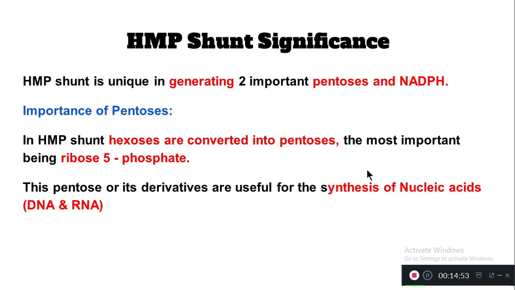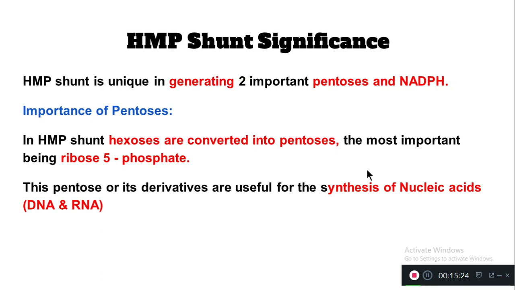Now to summarize, what is the significance of the HMP shunt? It is unique in generating important pentoses and NADPH. What is the importance of pentoses? In the HMP shunt, hexoses, six carbon molecules, are converted into pentoses.